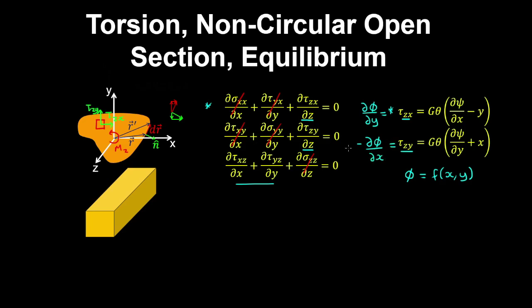So if we substitute these into this equilibrium equation, we have the partial with respect to x of d phi dy, and then minus the partial with respect to y of d phi dx.